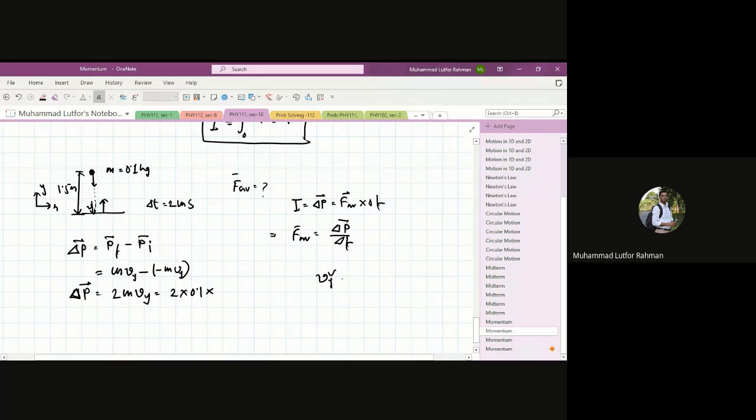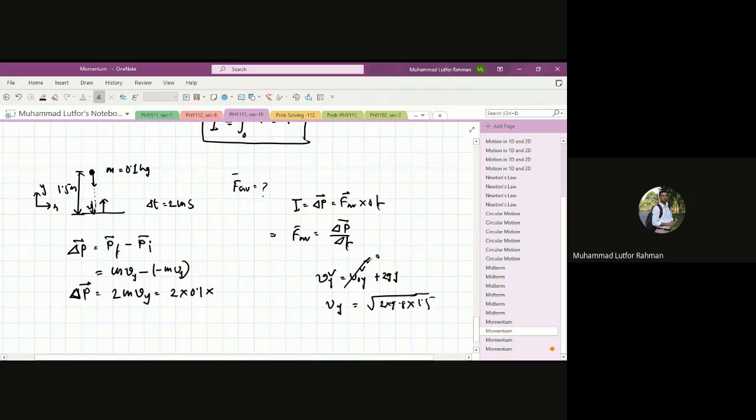Then vy squared equals v naught y squared plus 2gy, and v naught y is 0, because it initially starts from the 0 point. So it should be 2 into 9.8 into y, which is 1.5.